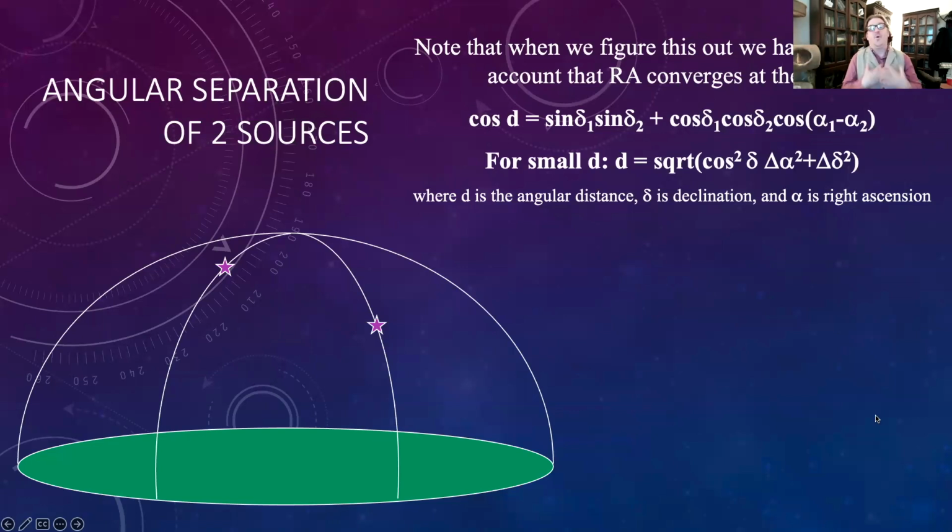For what I'm comfortable with, if the two objects are within 30 arc minutes of each other, then I would say this formula is applicable. If you have questions as to whether or not that corresponds to a small enough angle, well, just use the top one. But there you go.